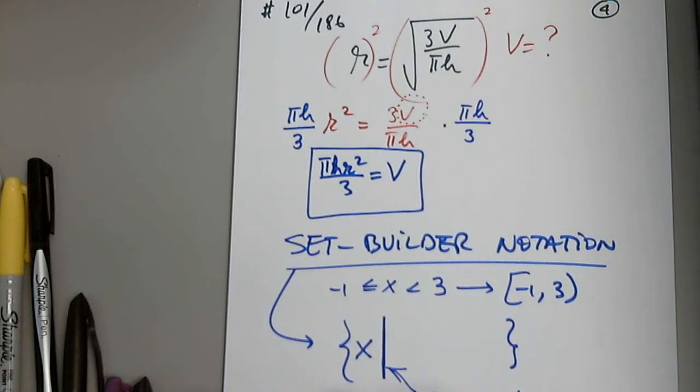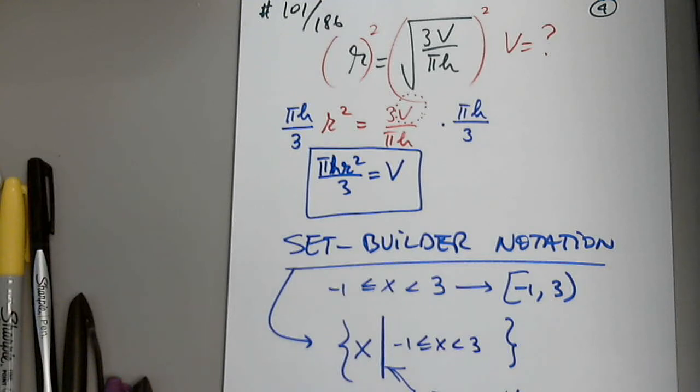So, in other words, the solution to this compound inequality is nothing else but all values of x such that, or having the property, -1 less than or equal to x less than 3. So what's the difference between this and this? There's none. I prefer the interval notation, and you will see later in this course why the interval notation is more important than the set builder notation.